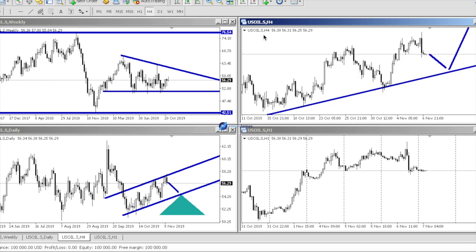Okay guys, so this is how I do my analysis on all the pairs. Doesn't matter what pair. What you see here is price movement. It's a collection of traders who are trading oil. So you are trading other traders. You're not trading the actual instrument.